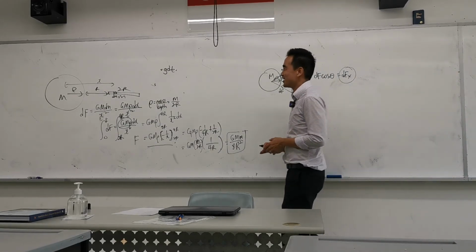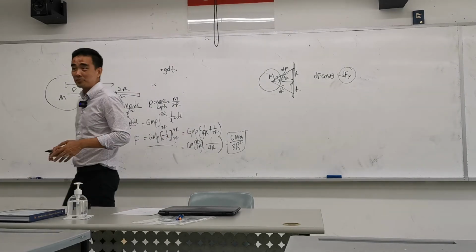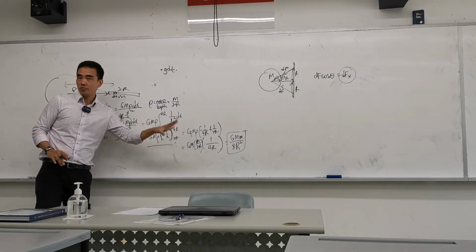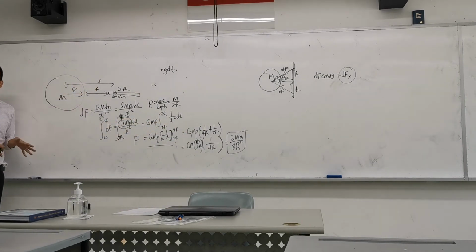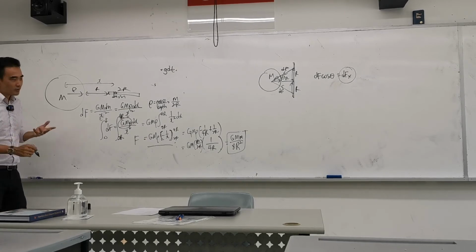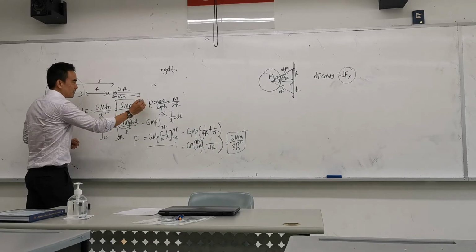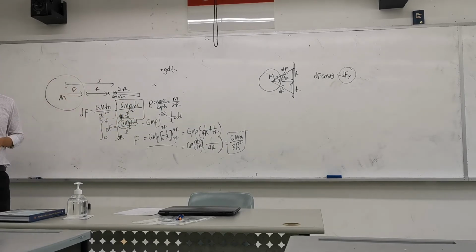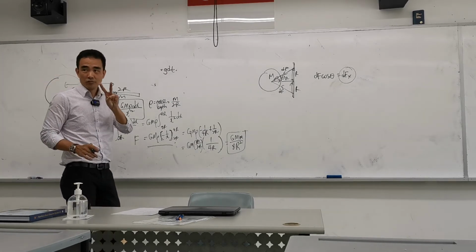Still over here. Still hasn't rotated yet. Which part of this derivation are you a little bit lost or you don't understand? Like one step to another step. The critical part is the setting up of the integral. The second critical part is the limits. Those are the two critical steps.